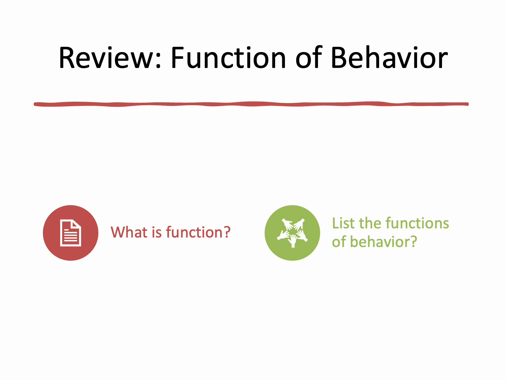Okay, so function of behavior is basically the reason why a person engages in a particular behavior, or the rationale for a behavior. So as I mentioned, it's the why of behavior. What we're really looking at in terms of function is the consequence that's maintaining a particular behavior, okay?